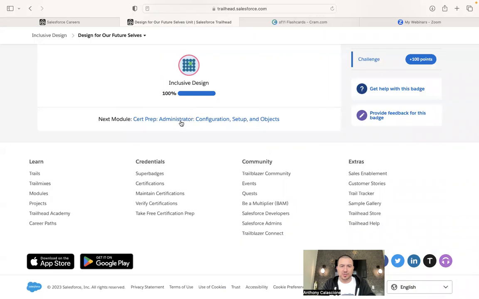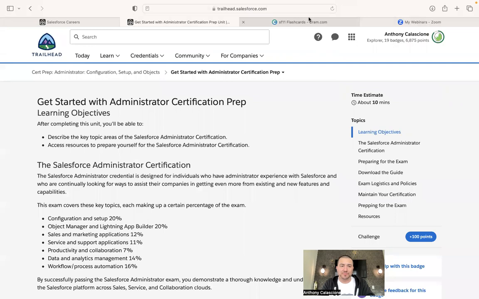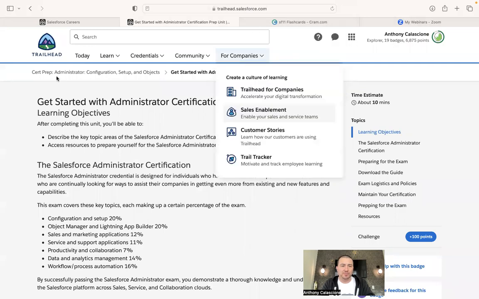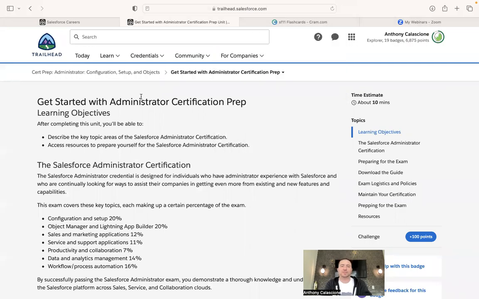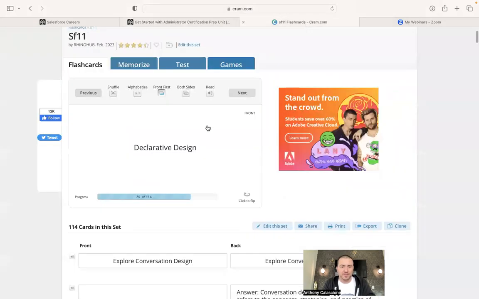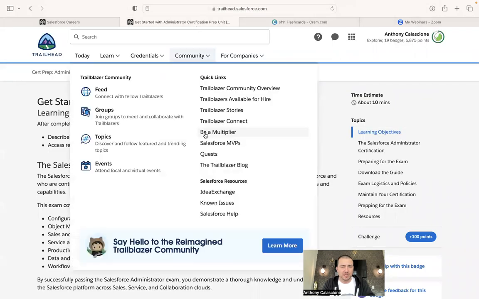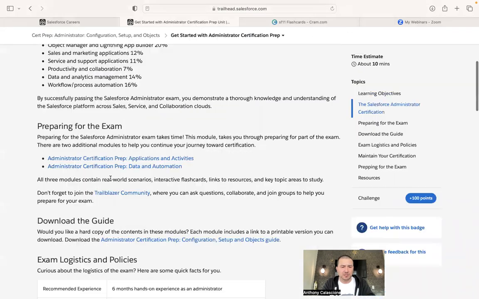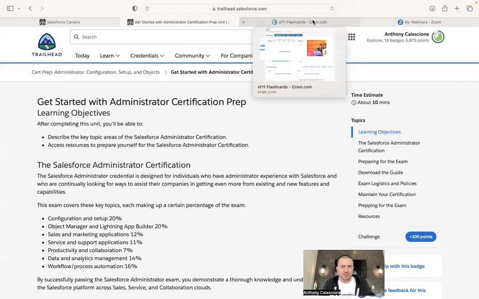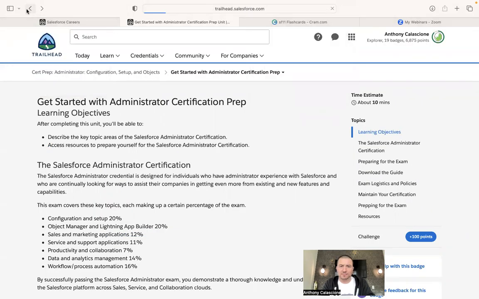Let's go to Cert Prep. Oh, so we're actually on the next chapter. So it's Cert Prep, Administrative Configuration, Setup, and Objects. So now things are really starting to pick up. So the first one is, I thought it was, let me see something.